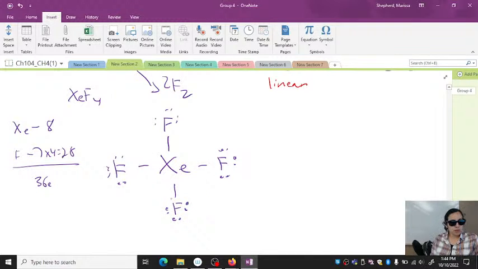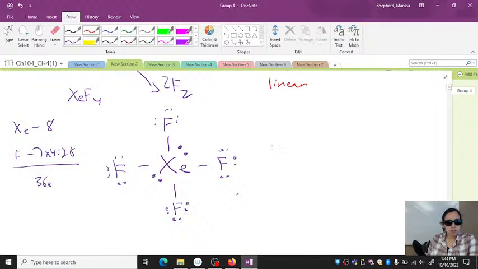So 8 times 4 is 32, and then 33, 34, 35, 36. And so this makes sense with what we know about the geometry. This geometry, you don't need to know it, but it's square planar.